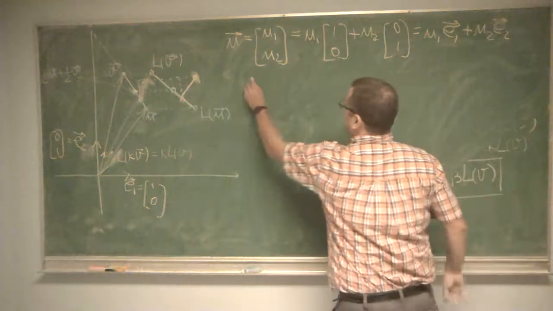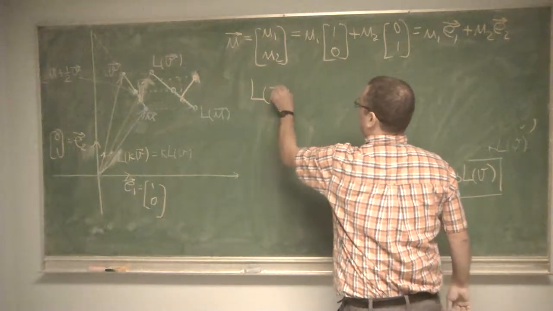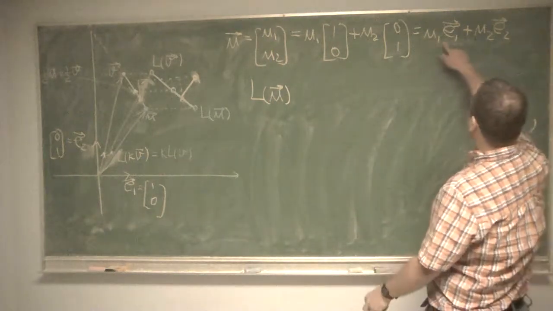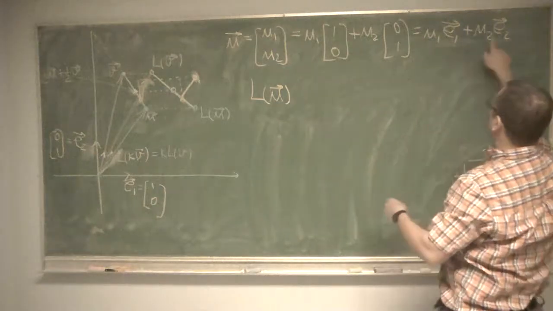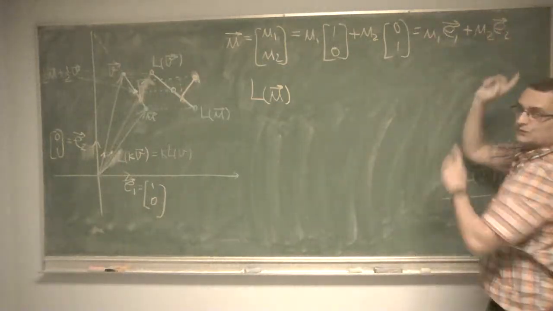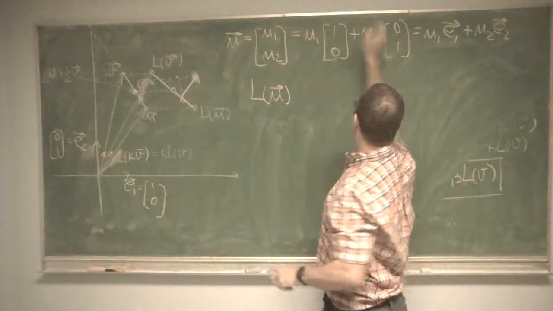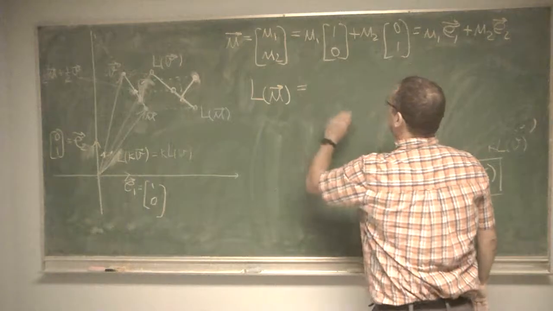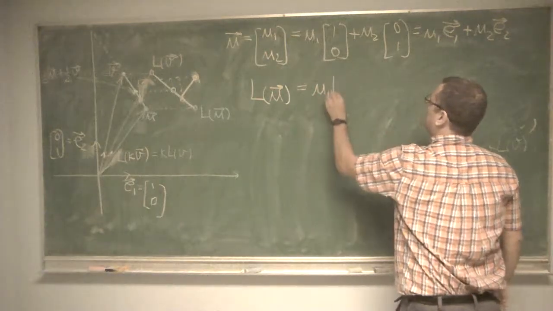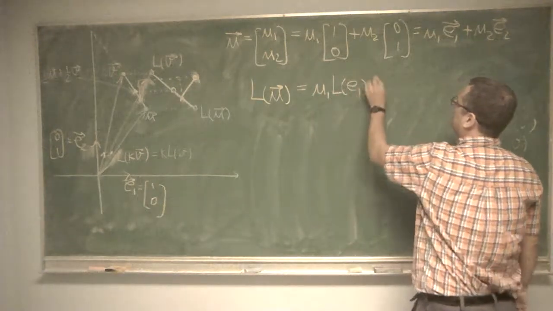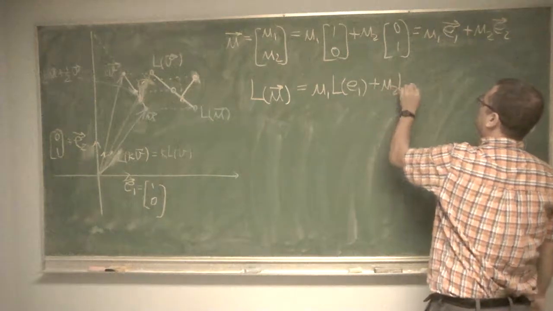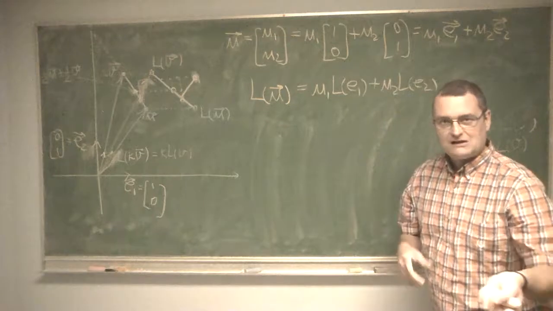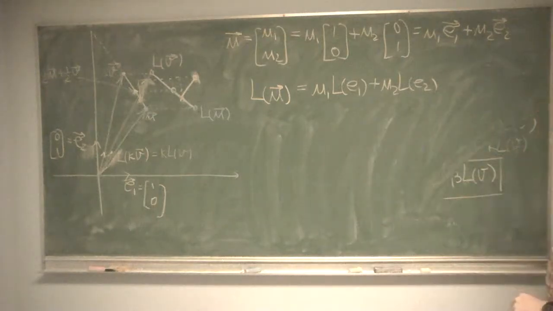Now, by linearity of transformation L, so if L is a linear transformation, then L of U, that's L of this vector. So U1 and U2 are real numbers, and those are the X and Y coordinates of this point U. So by linearity, this is U1 L of E1 plus U2 L of E2, with U1 and U2 playing the roles of alpha and beta, respectively.